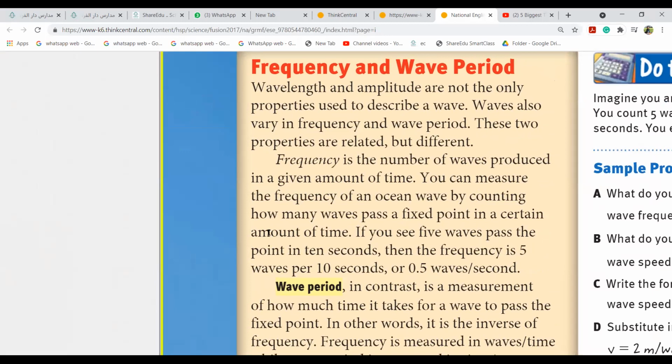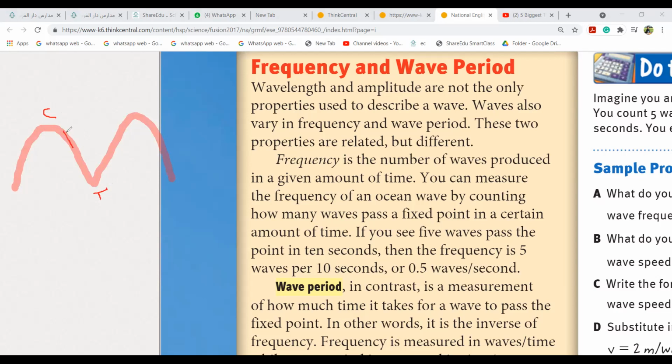Wavelength and amplitude are not the only properties used to describe a wave. They also vary in frequency and wave period. These two properties are related but different. I'm drawing and showing you again and again that the top is the crest and the down is the trough, the distance between is wavelength, and this distance is wave amplitude.